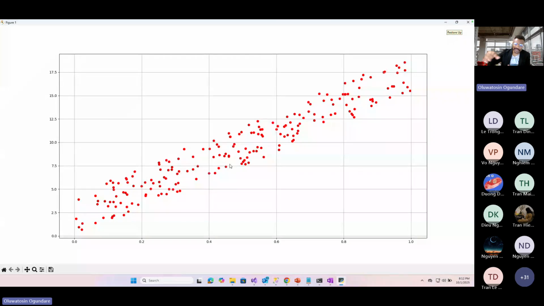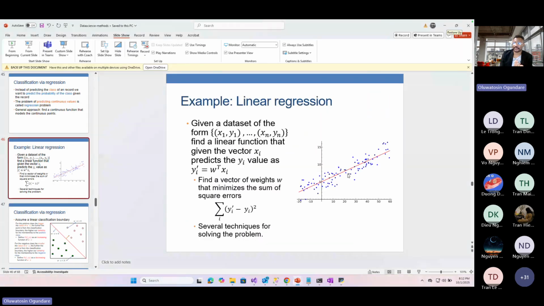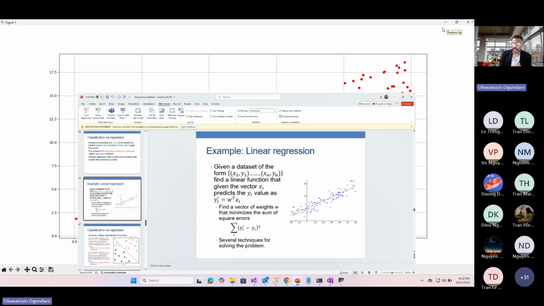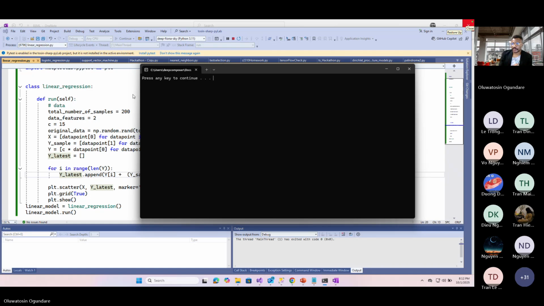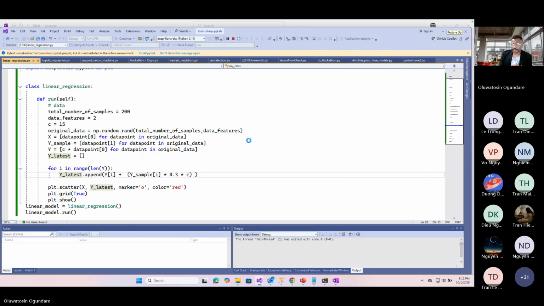We've added some randomness, and you can see that this is very close to the data that we have in the book. It also has a very strong linear relationship. And the idea is higher values of X should produce higher values of Y. I mean, that idea is there. Okay. So instead of making this red, I would make it blue so that we can make our line blue.